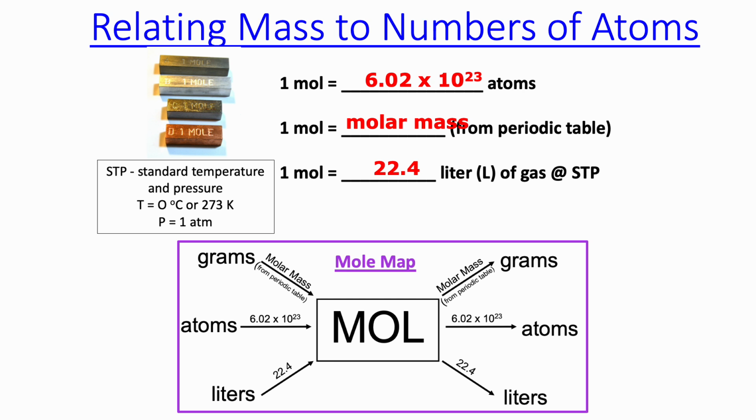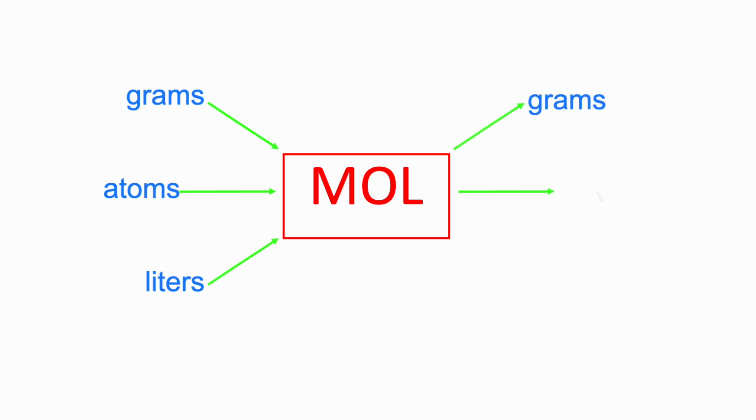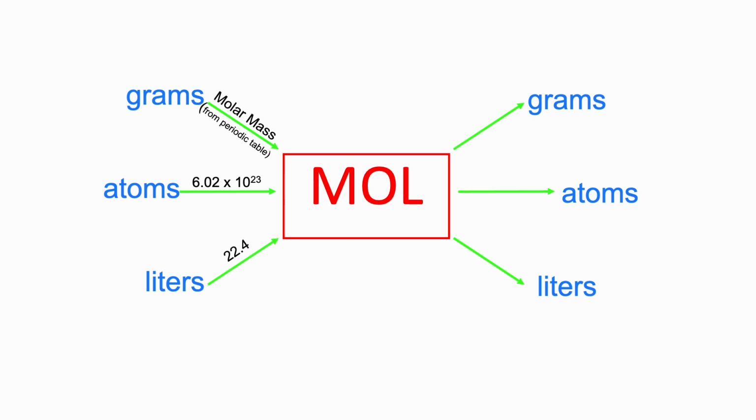Okay, so this is your mole map. You can go from grams to moles to atoms, atoms to moles to liters, atoms to moles to grams, liters to moles to atoms, etc. When you use grams, use the molar mass from the periodic table.